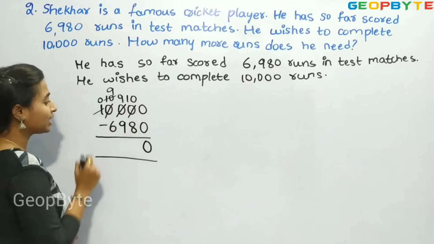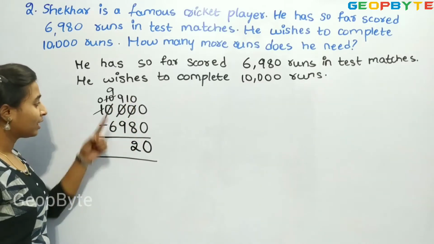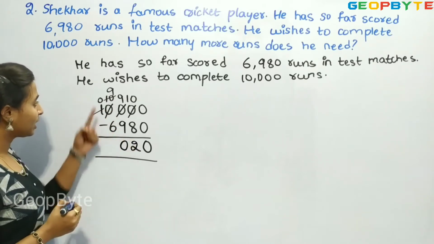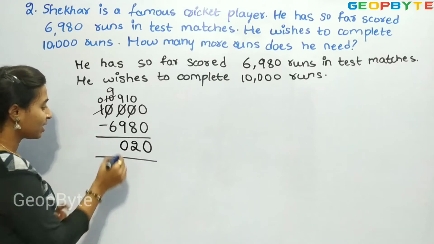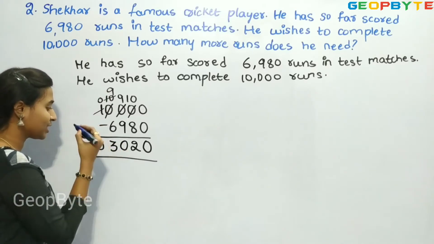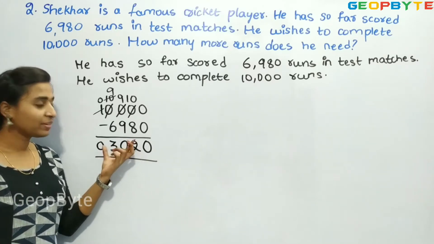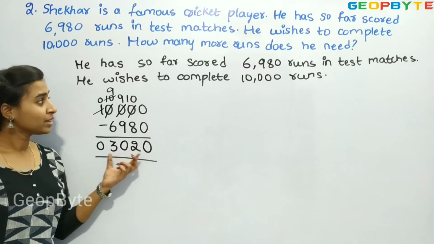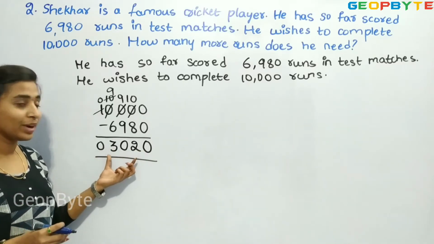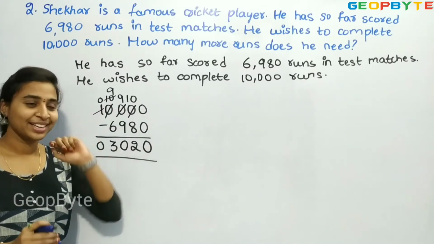Now 10 minus 8 is nothing but 2. 9 minus 9 is nothing but 0 and 9 minus 6 is 3 and 0 minus nothing is nothing but 0 only. So we got 3020. Right? So more he needs to score 3020 runs to complete 10,000 runs. Let us write.